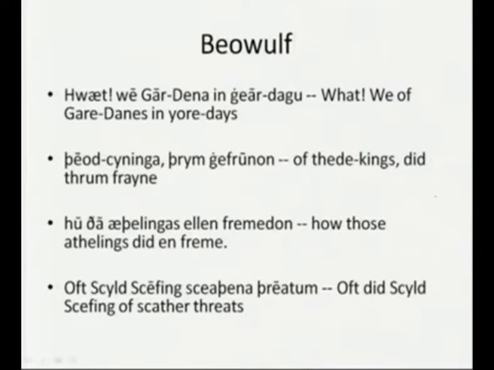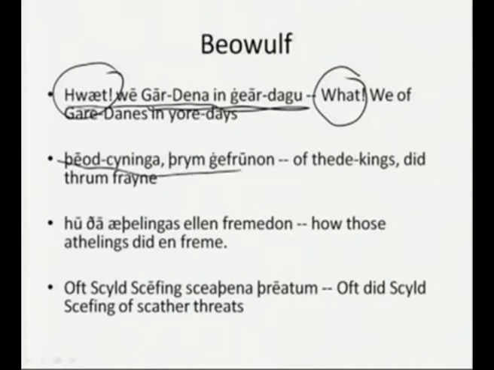Then I have also taken this from Wikipedia, some lines from the poem Beowulf. This is the language in which it has been written, that is Old English. And this is the corresponding modern variant of that. Then this is another version.